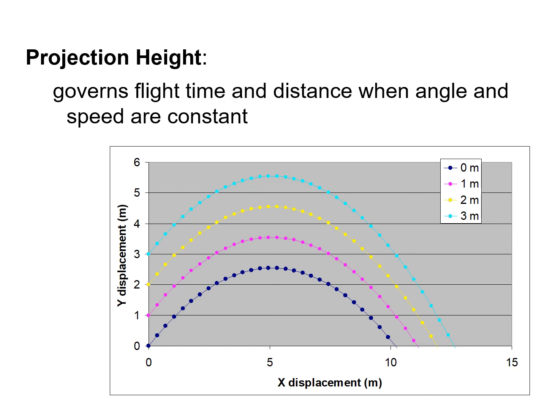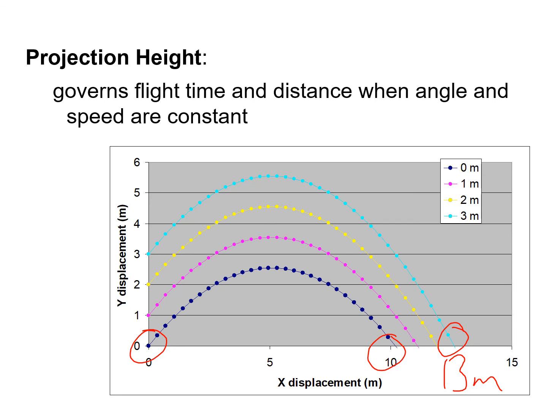This governs the flight time and distance when angle and speed are constant. If you throw something at ground level, let's just say it travels approximately 10 meters. If you were then to get onto a 3-meter ledge and throw it at the same force, let's say it'll travel about 13 meters, so about 3 meters further, okay?